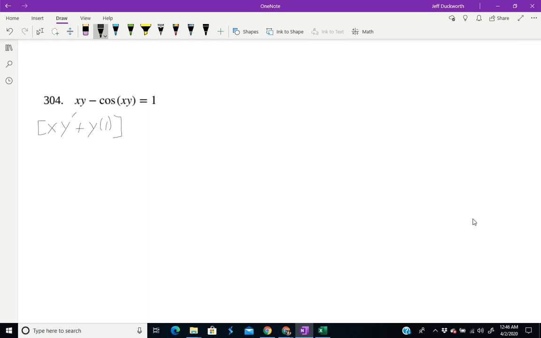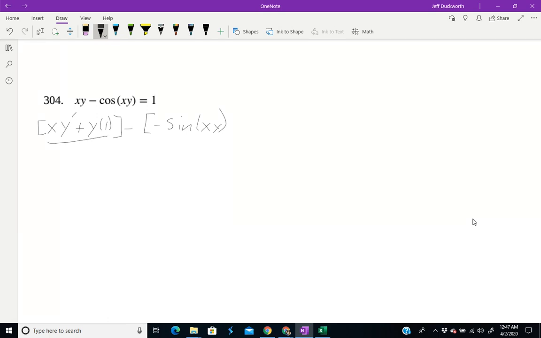All right, and then this next part, I'm going to put the negative there. We're going to have to remember to distribute that after we're done. We're going to have the derivative of cosine is negative sine of everything. But then we have a chain rule, so we have to multiply this by the derivative of x times y, which is the same as over here again.